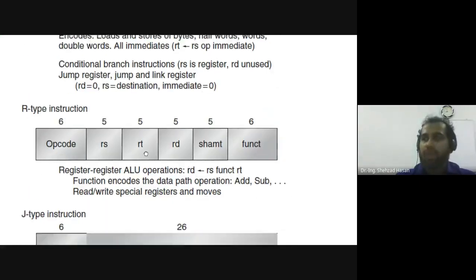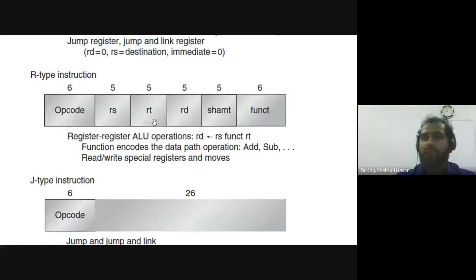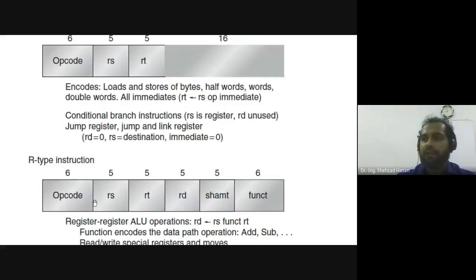Now when you come to an R-type instruction, R stands for register type. In a register type instruction, you're always talking about some arithmetic operation between registers. For that we have different fields here, but you can see that three of the values, the opcode, rs and rt, are the same.